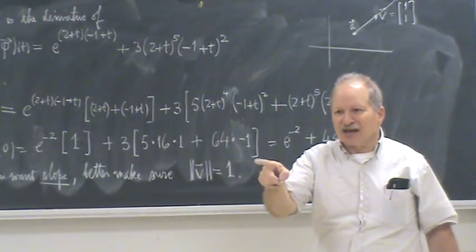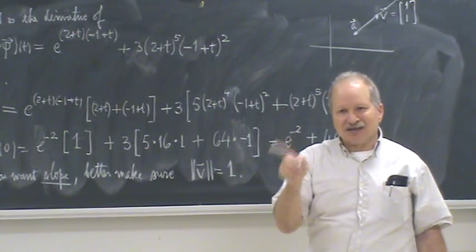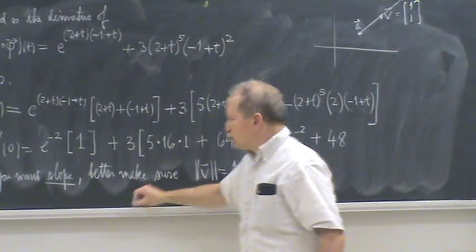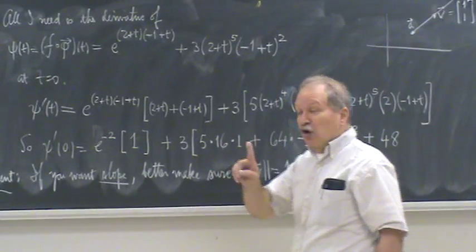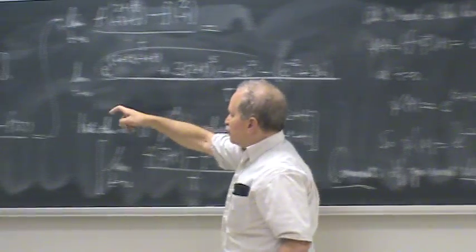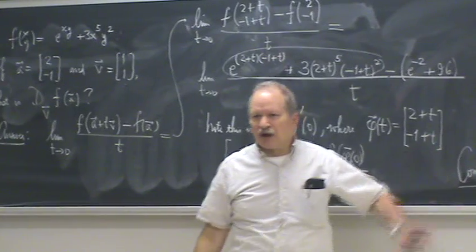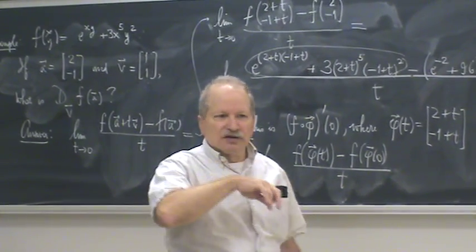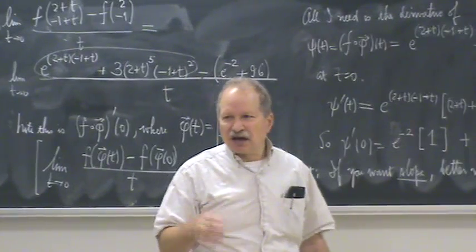Then for every step you take, you're doing rise over run, because you're moving at 1 unit of speed. So if you wanted the slope, you would have to make this a unit vector, which would end up dividing the result by the square root of 2. We'll pick up with this and move on to discuss what derivative means on Friday.